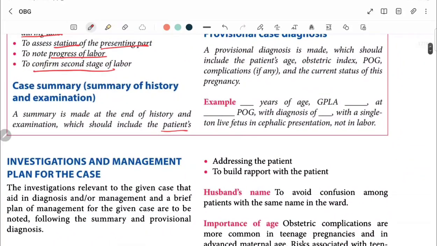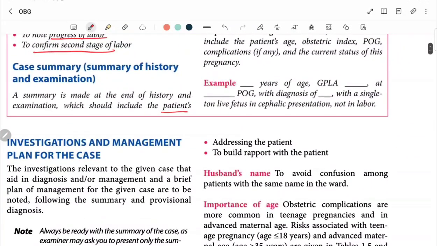So for an example of a provisional case diagnosis, I'll read out this example. Say a 24-year-old, Mrs. Dash, of age dash, GPLA, her obstetric score is dash, at dash period of gestation, with diagnosis of say anything, GDM or hypertension.